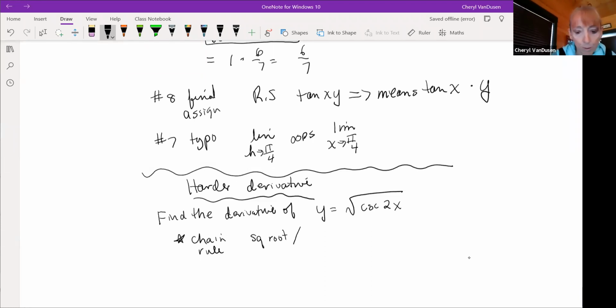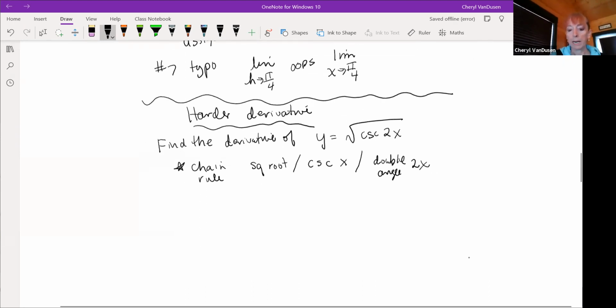Then we're going to have to apply it to the cosecant part, and that should say cosecant. My writing is not super good there, sorry. And then we're going to have to worry about doing the chain rule for the double angle of 2x. Okay, so we've got to kind of keep our head about us as we go about doing this.